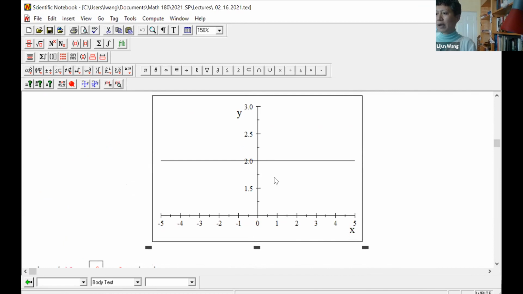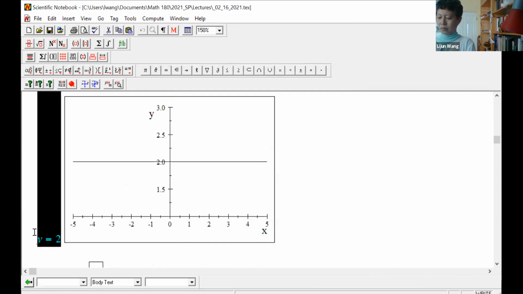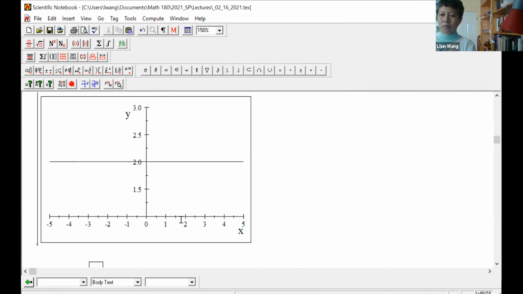Okay, and how do we read this graph? The same way we read the stock market line. So if I have a point, how do I identify the input and output? You draw a vertical line, and you measure.